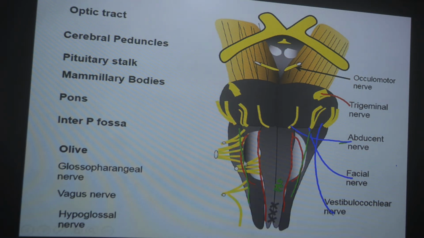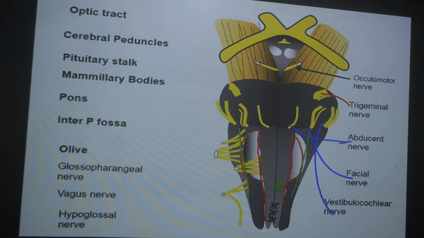Next to the olive is the anterior lateral sulcus, and through this anterior lateral sulcus you have the 9th, 10th and the 11th cranial nerves coming out. The 9th is called the glossopharyngeal nerve, the 10th is the vagus, and the 11th cranial nerve is the accessory nerve.